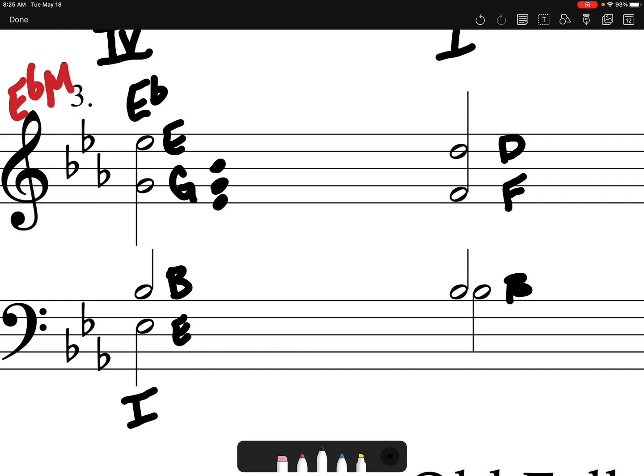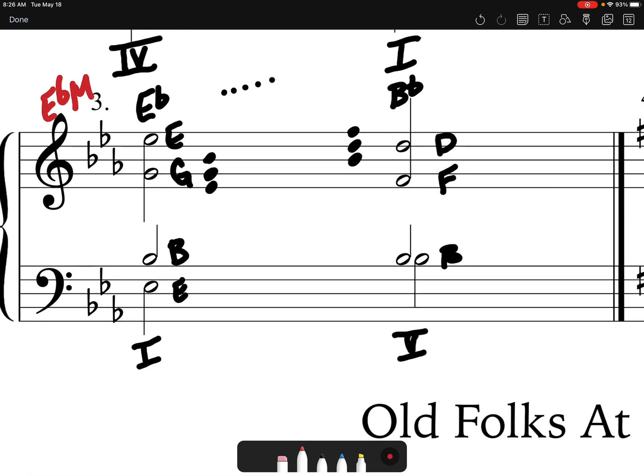And then here I have a B, D, and F. So it's a B flat chord. So I go E, F, G, A, B, 1, 2, 3, 4, 5. It's a 5. So anytime we end in anything other than a 1, it's called a half cadence or deceptive cadence.